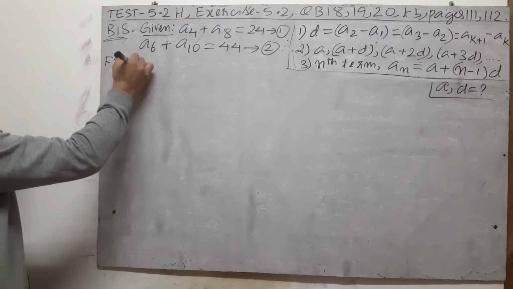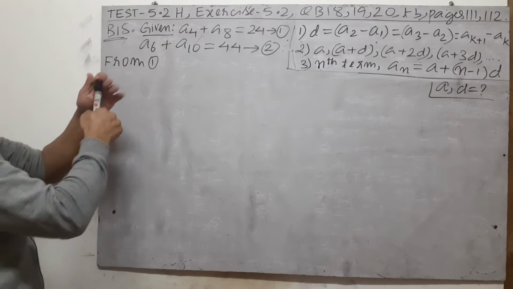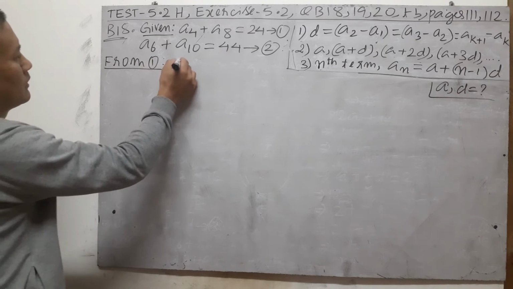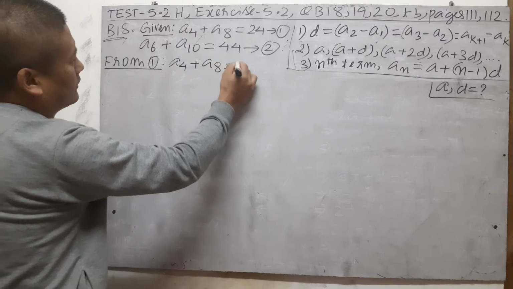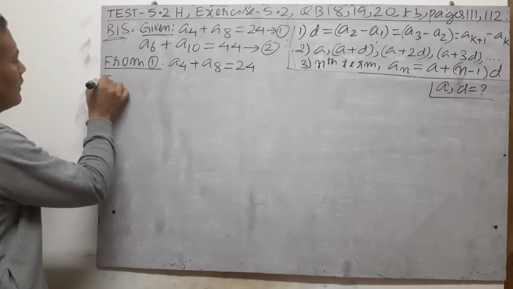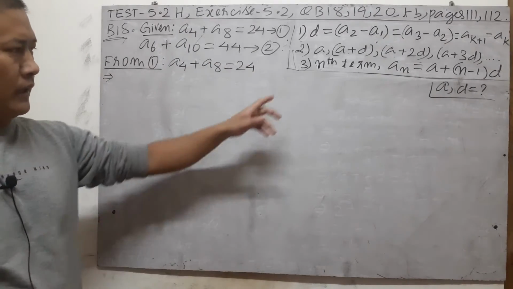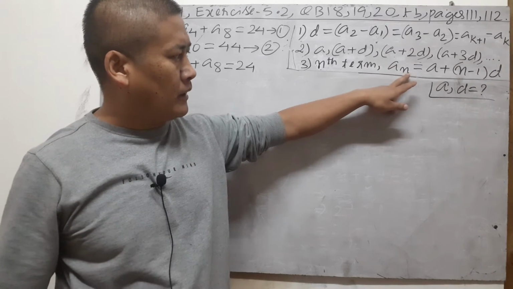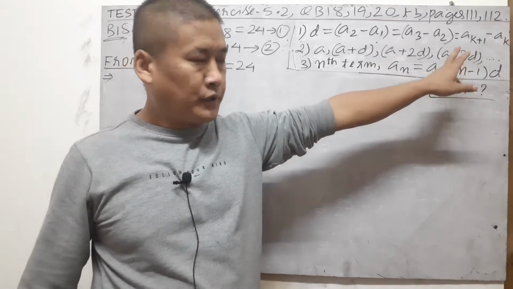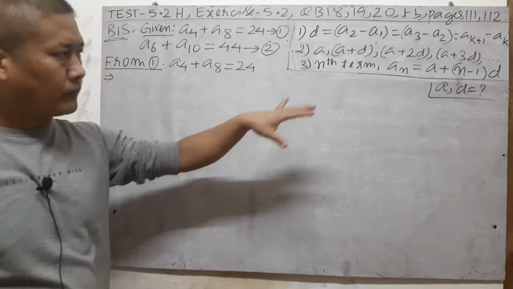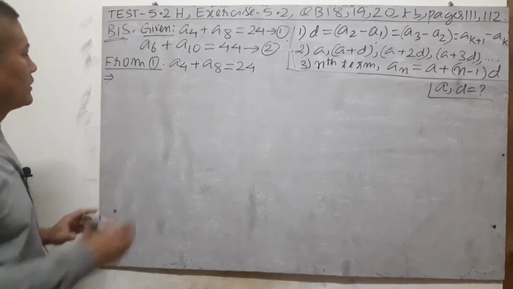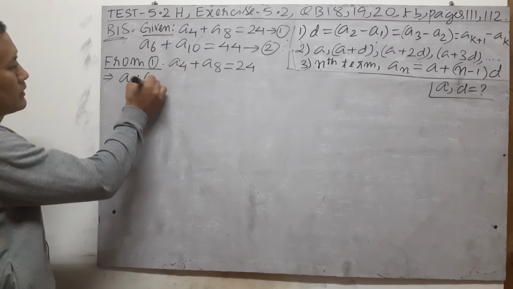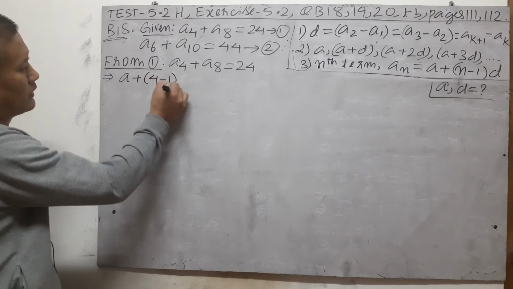So from equation number 1, here A4 plus A8 is equal to 24. So let us apply the third formula, nth term. Here An is equal to A plus n minus 1 into D. Using the logic of this formula, we can apply for A4.